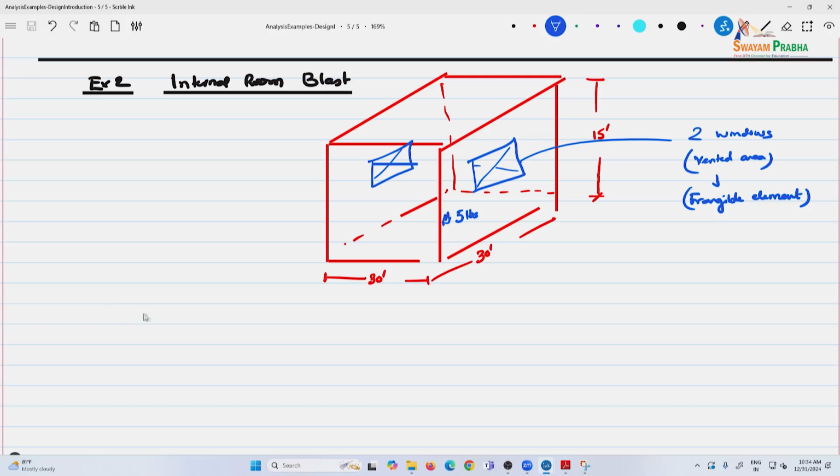Okay, the question is, given a package bomb on the floor, you are required to check the roof beam design to withstand the explosion.